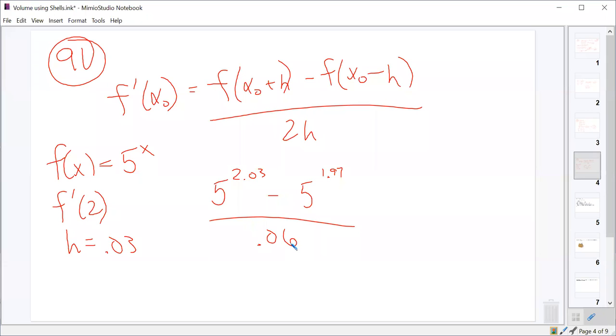What does that say? Anybody have a calculator? Know what that comes out to be? Anybody with a calculator know what that is? Sarah? Just so we know what that is. Probably one of the 40s, my guess is, just on my rudimentary knowledge of logarithms and what the value of the natural log of 5 is.